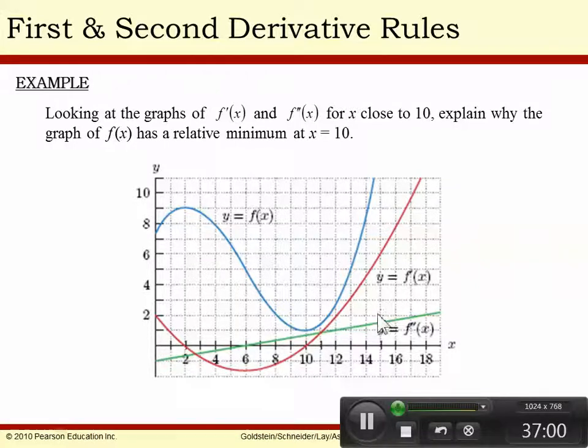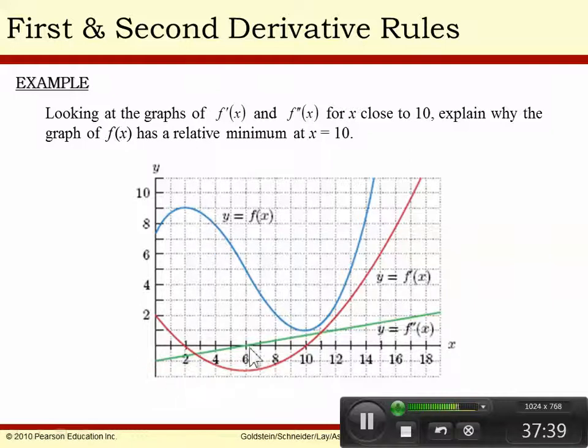So if we're in this region over here, is it concave up or concave down? If we're less than 6, down. So that means over here, the function is concave down.